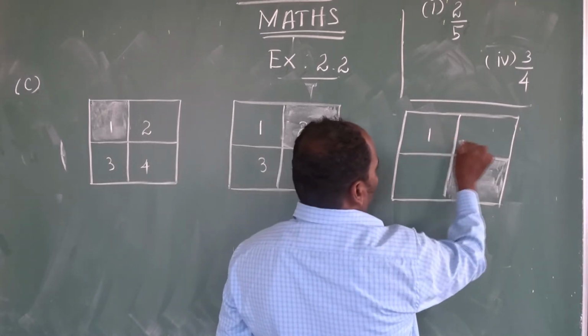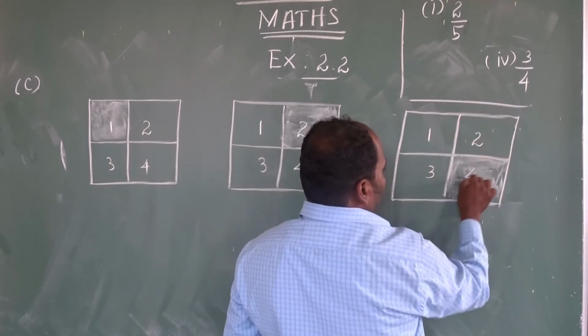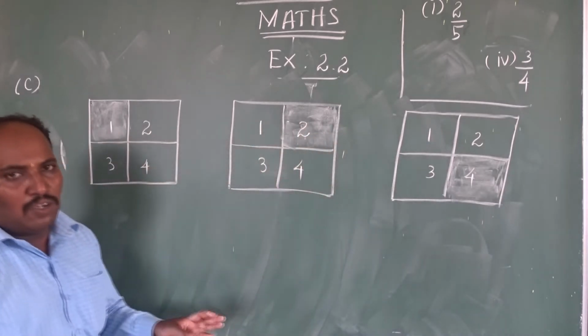These squares also 1, 2, 3, 4. So each has 4 equal parts.